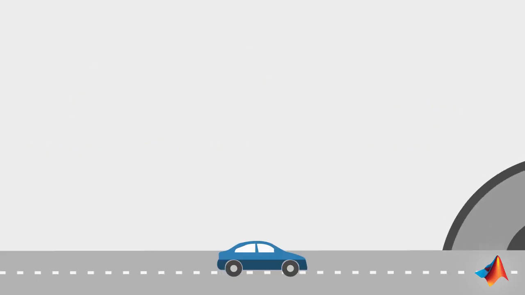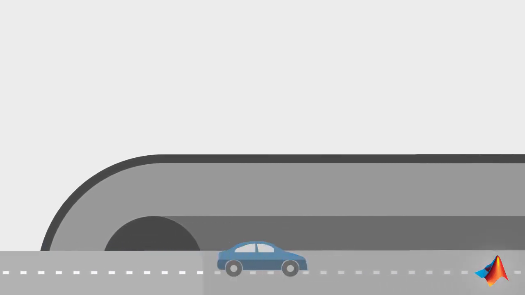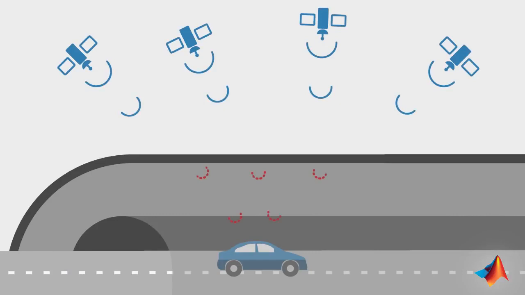If you live in Boston as I do, you've got to travel through the Big Dig, a very, very long tunnel. And in the tunnel, it gets harder to estimate your position through GPS, since the receiver's line of sight to satellites is blocked and GPS signal is weak.